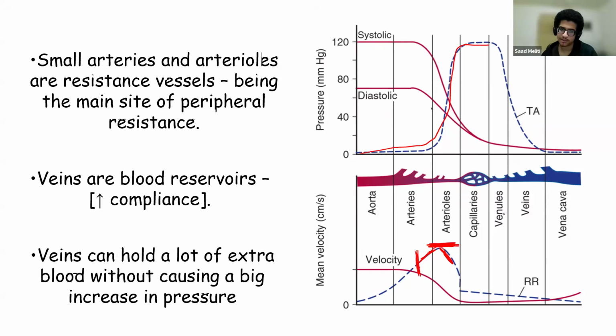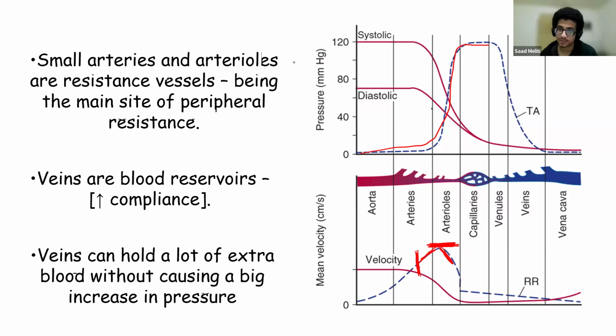Velocity and resistance. Velocity is right here. The velocity is fastest in the aorta, and it decreases all the way in the capillaries, and it starts to increase a bit once it leaves the capillaries, because once again the capillaries have the highest total surface area.